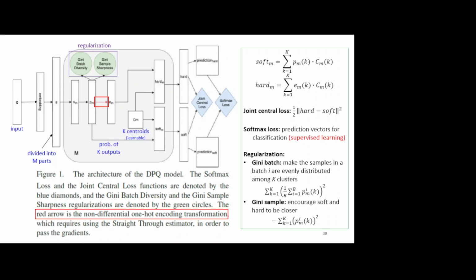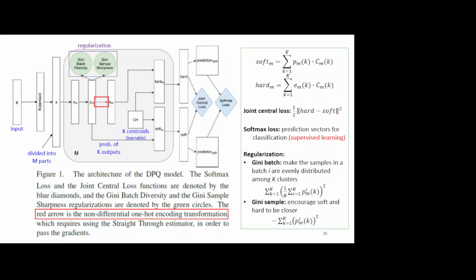According to your probability, I see which probability is highest, then I assign this data to that cluster. So I give one hard representation: I have k clusters, but only one cluster is labeled 1 and all the others are 0.